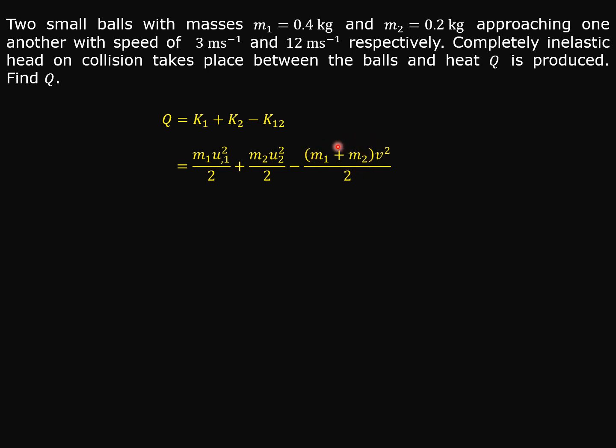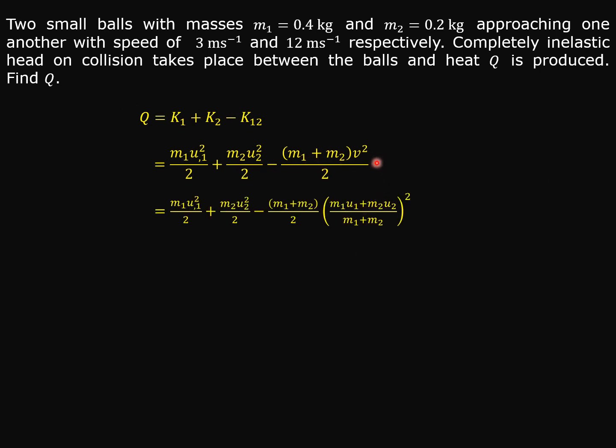Again, we have to add the masses up because after the collision, ball 1 and ball 2 combine, they stick together. That's why, to calculate the kinetic energy, we have to consider the total mass.